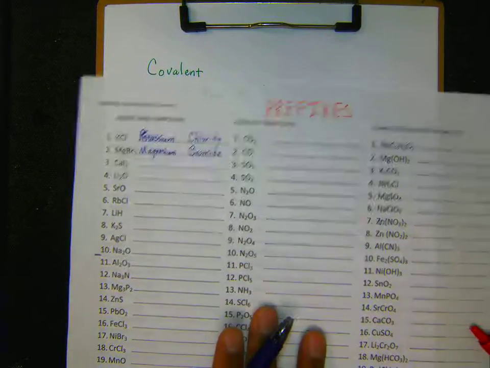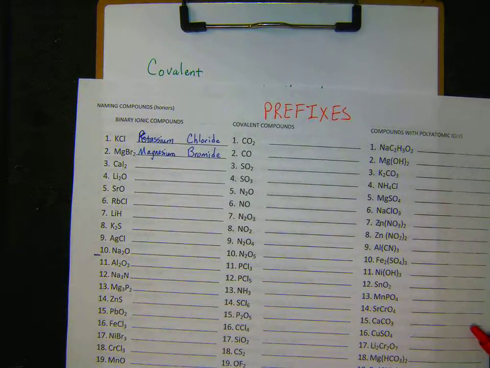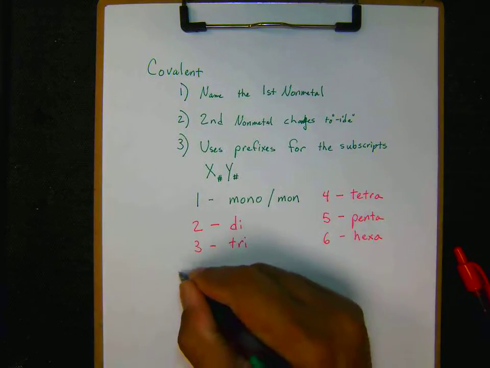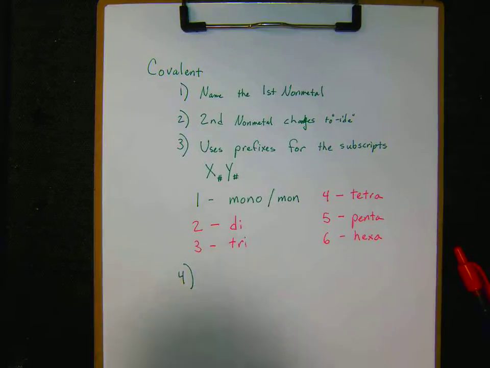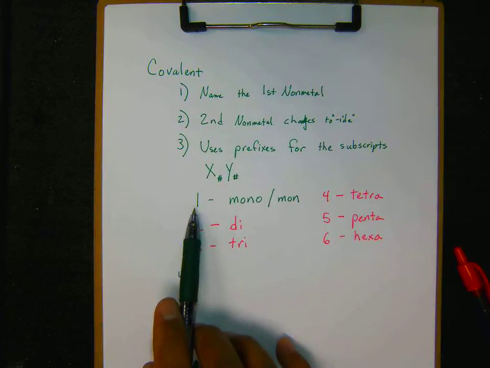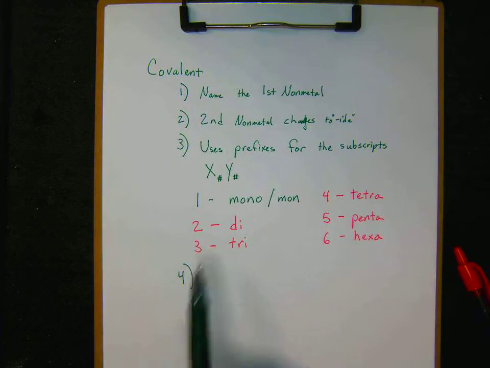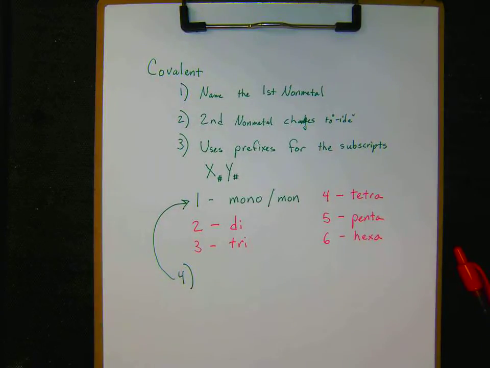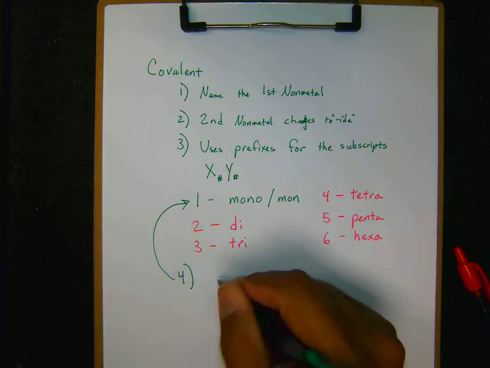What's the name of C? Oh, sorry, hold on. I forgot one important rule. One important rule. That was number 4. And did you notice how I did one different color than the other ones? Because there's actually a rule that pertains to mono and mon. All right?